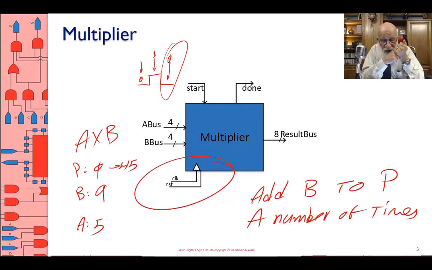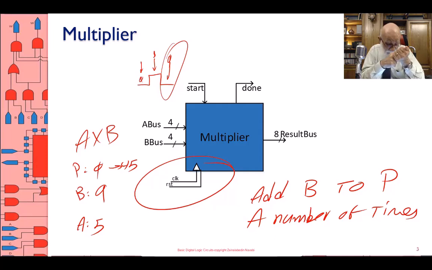I have an 8-bit register that I call P that collects the product. Initially I set that to 0. See, all I'm talking about are components that we have discussed. We are talking about control signals that do things. Initially, it sets it to 0. That means there is an initialization signal for P.